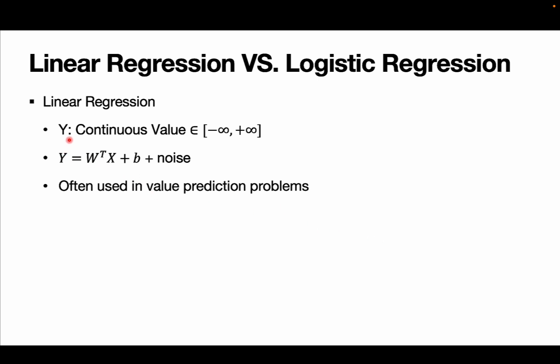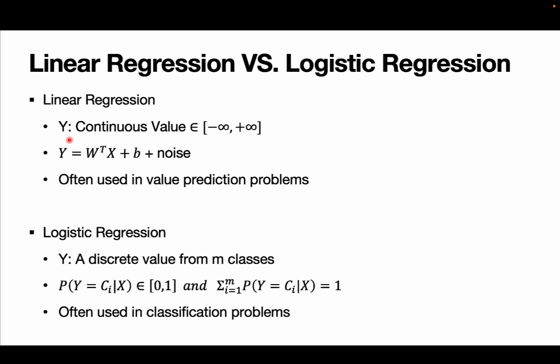In linear regression, y, the target variable, is a continuous value ranging from minus infinity to infinity. Some examples are predicting house prices, temperatures, stock prices, sales, and so on. On the other hand, logistic regression is used when our target variable is categorical, meaning it belongs to a discrete set of classes.